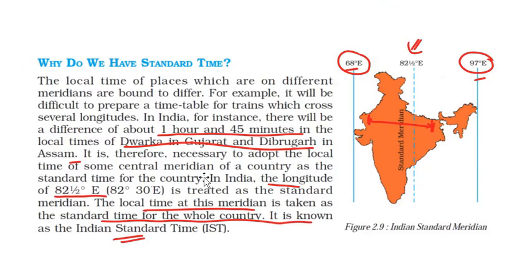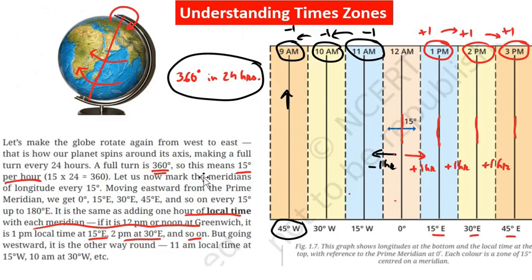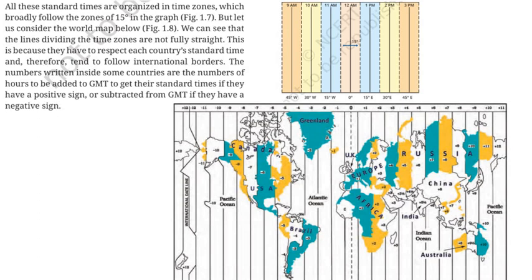Now all these various countries have their own standard times, right? These standard times are organized basically in time zones which broadly follow 15 degrees, as in the graph here.